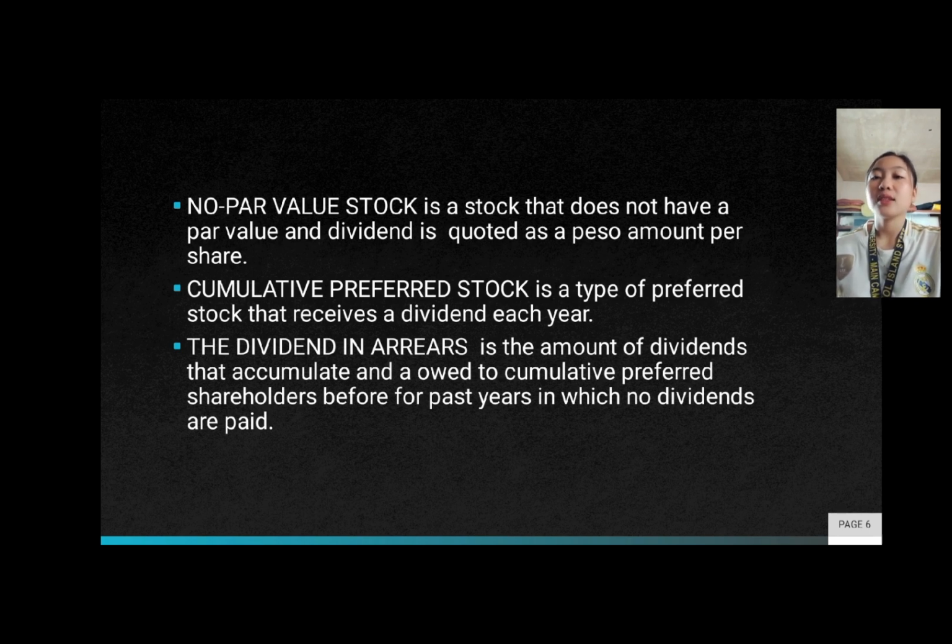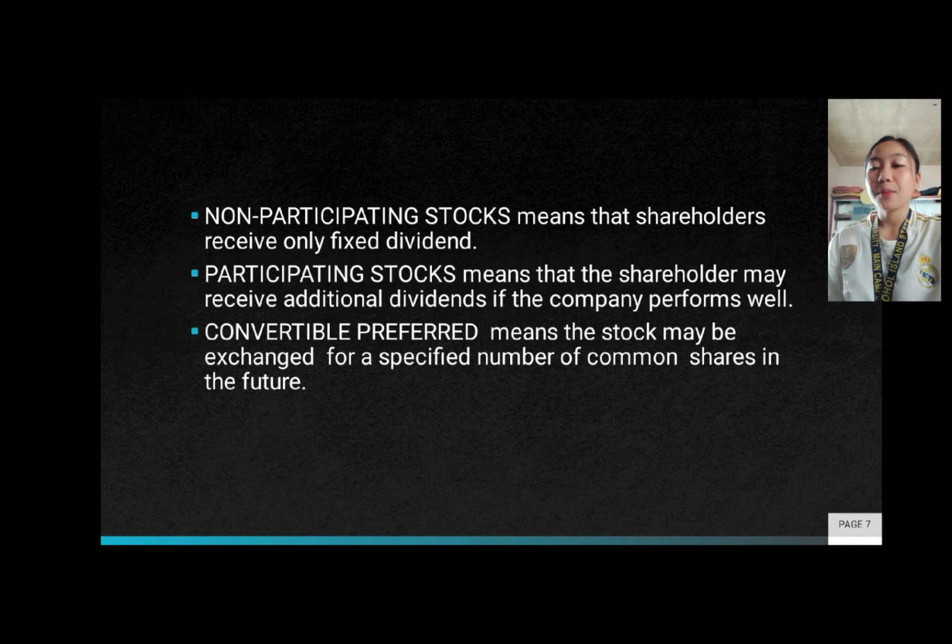Next, non-participating stocks mean that shareholders receive only a fixed dividend, while participating stocks mean that the shareholder may receive additional dividends if the company performs well. Convertible preferred means the stock may be exchanged for a specified number of common shares in the future.